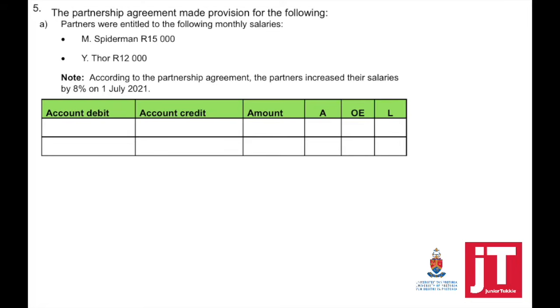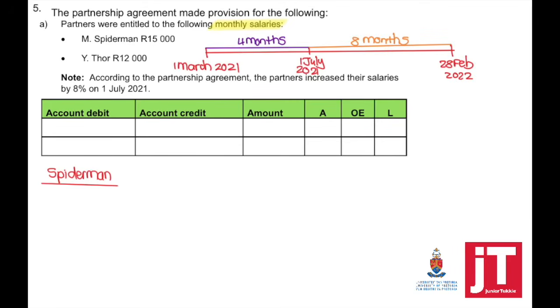But at the end of the accounting period, we need to show the salary allowance. What were they entitled to over 12 months? So now I can't just go ahead and say 15,000 times 12 and 12,000 times 12. Why? According to the partnership agreement, the partners increased their salaries by 8% on the 1st of July 2021, which means there's a calculation involved.